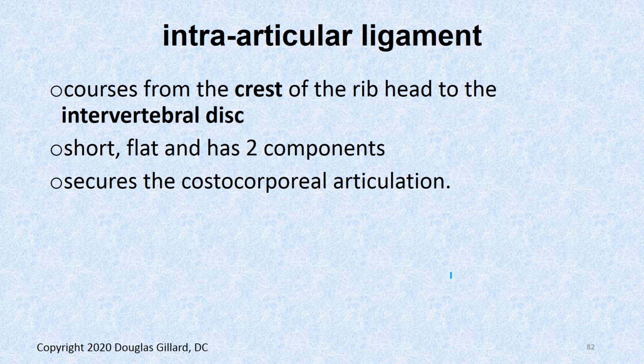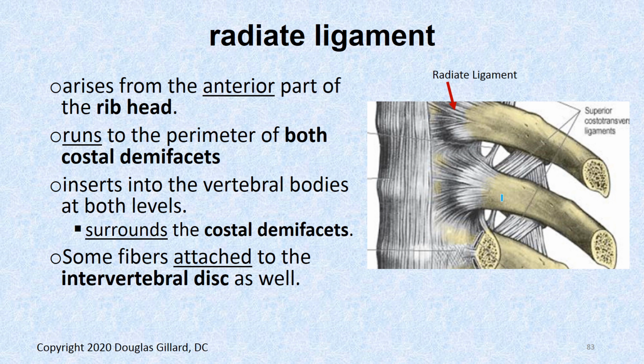Then there's an intra-articular ligament. So this one is the one I said comes off the crest of the rib head. So you have to have a crest. So you're not going to have this down at T12 or T11 or probably T10 either, and even T1. But if you have a double articular surface with a crest in between, then you're going to have an intra-articular ligament extending off of that, and that digs right into the intervertebral disc.